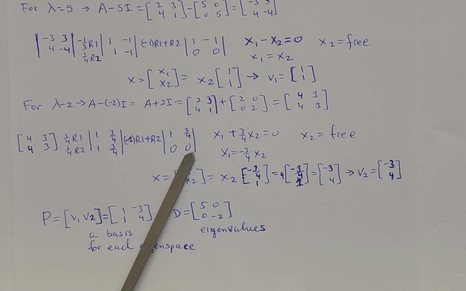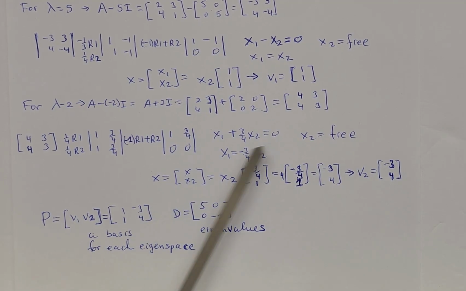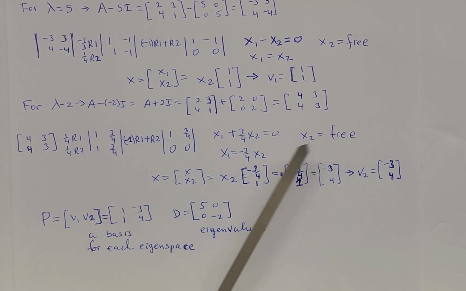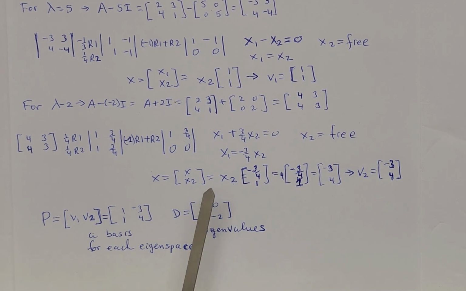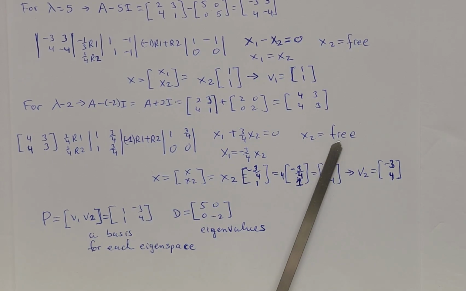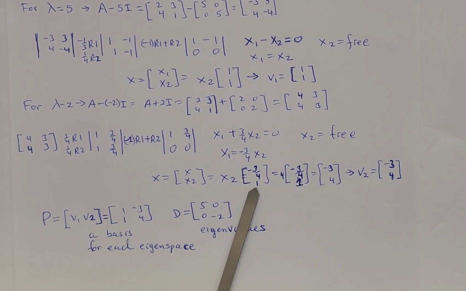However, this second pivot is a 0. So x2 is free. Okay, now put these in its vector. This is my first term of x2, which is -3/4. This is the second term of x2, which is this one. Since it is free, it's always 1.